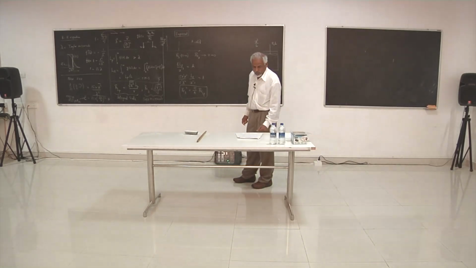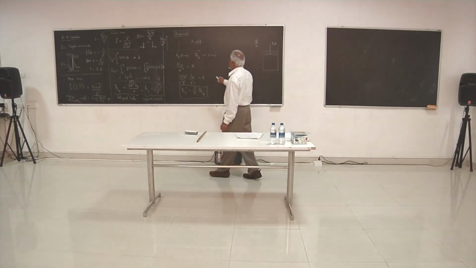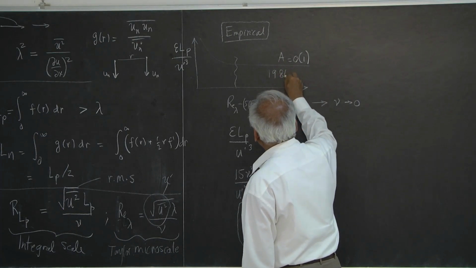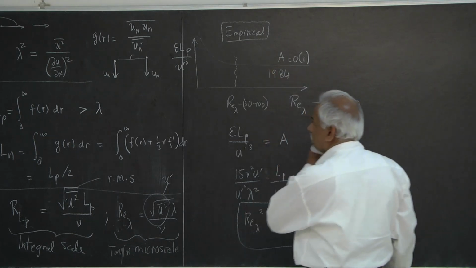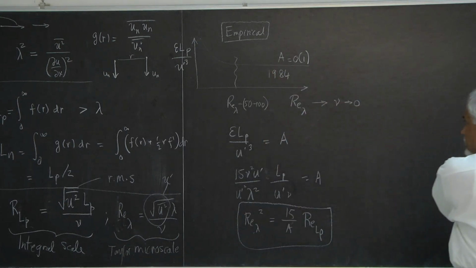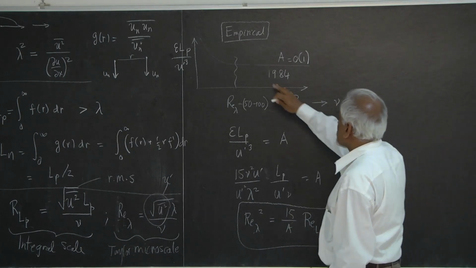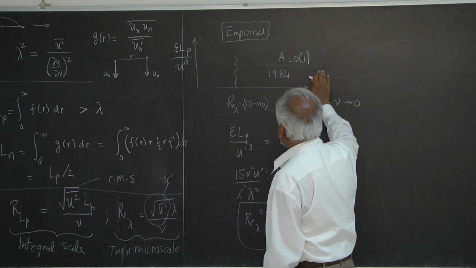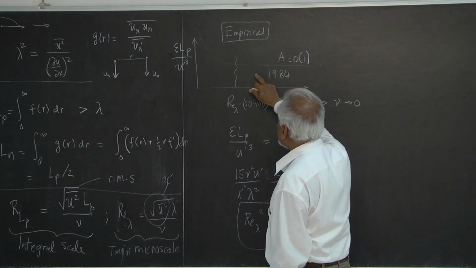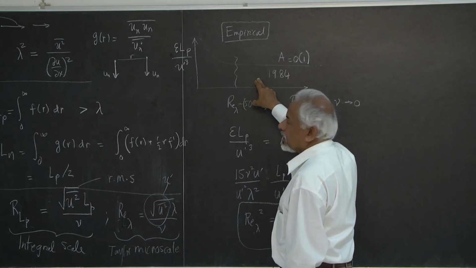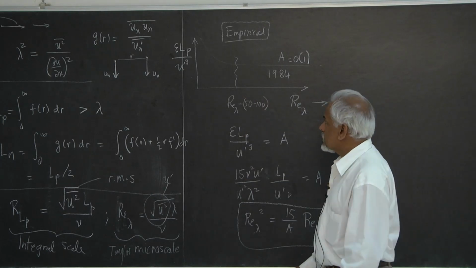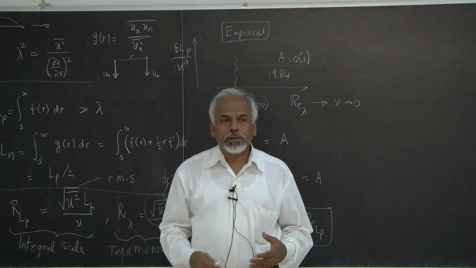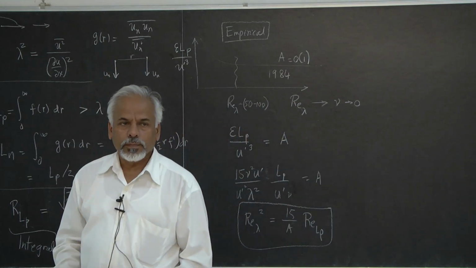Okay. This, by the way, I think 1984 was the first time it was all done properly. And thereafter, simulations have extended it even further. The main point I wanted to make is that in simulations, this constant of order unity depends upon how you force the flow.